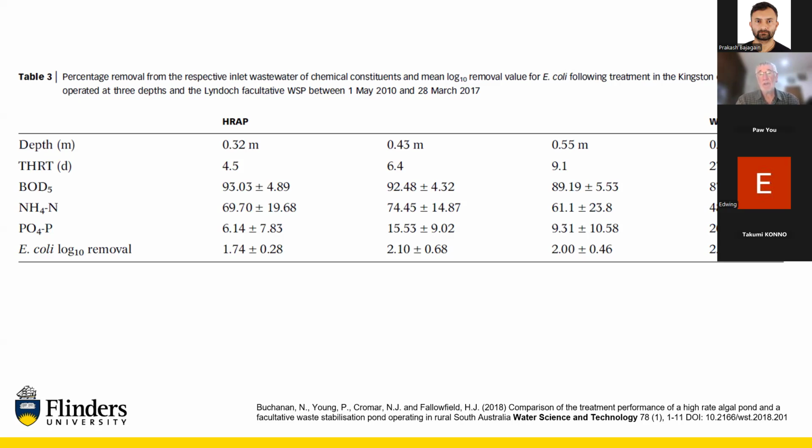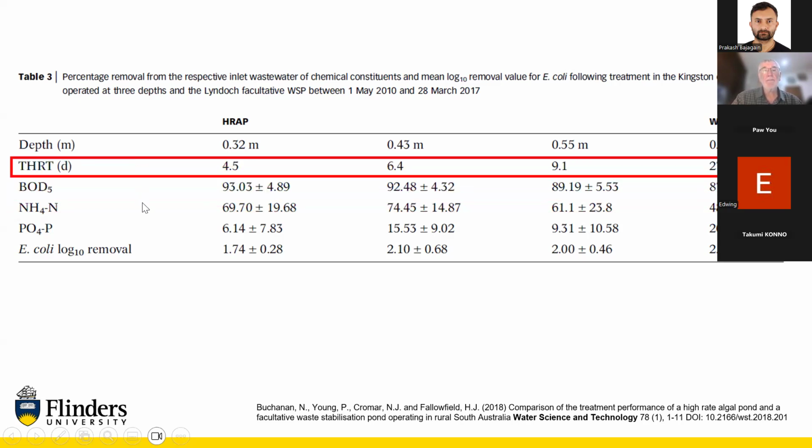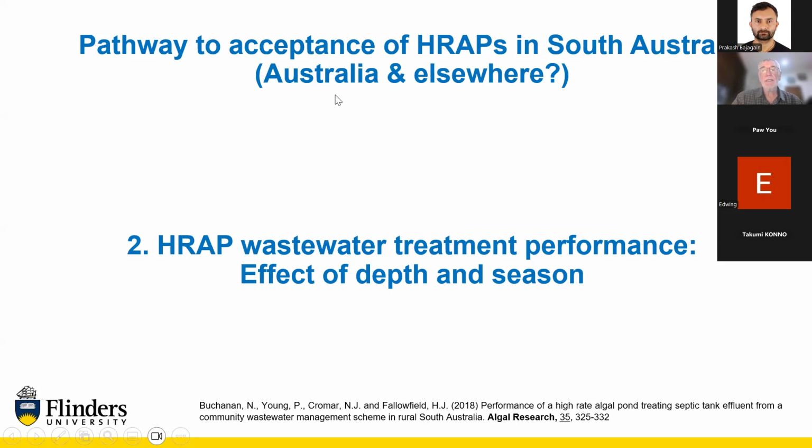And we tried to operate these two pond systems at the warmer period and the colder period so we can understand how they behave. But what I'm showing you here is, if we did this and then looked at the retention time changing, and then looked at the effect of depth and season, what actually happened.